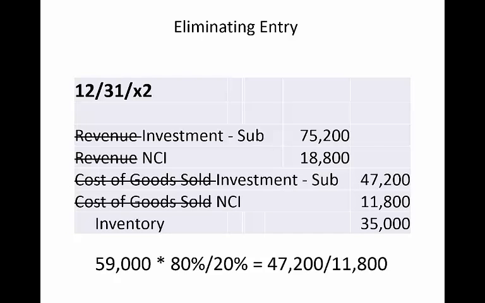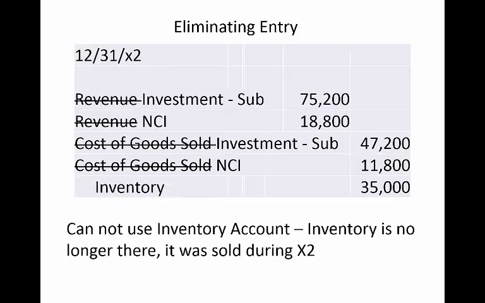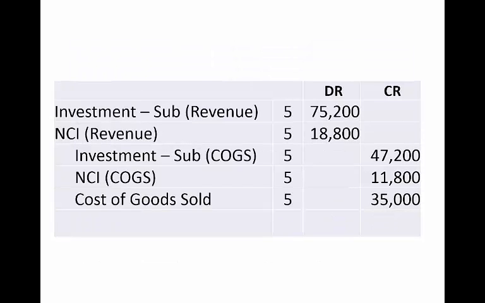And we're left with the inventory account. Can we use that inventory account? Well, we have to say no. That inventory has been sold, and that deferred gross profit, which is what that is, can now be recognized. So we're going to credit cost of goods sold there. And as we clean this up, it'll look like this.